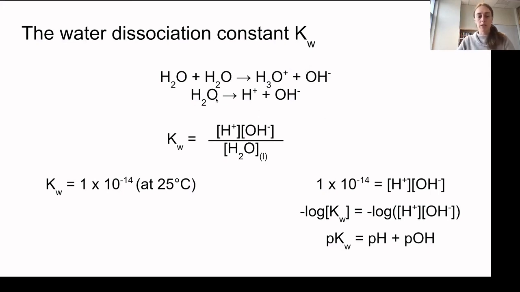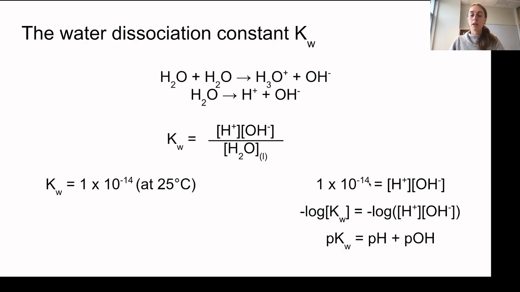And we can simplify this down into H2O equals H plus OH minus. And so if we use this equation and the definition of what an equilibrium constant is, keep in mind our water is a pure liquid, so that cancels itself out, but we do have the concentration of hydronium ions and hydroxide ions in our solution. And our Kw here, remember, is 1 times 10 to the negative 14th.